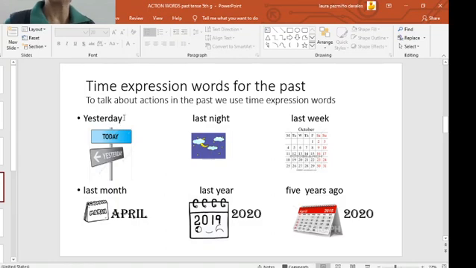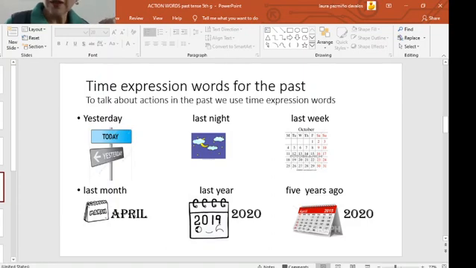So, time expression words for the past son yesterday, last night, last week, todo es en pasado. ¿Qué es week? What is week? Semana, ¿cierto? La semana pasada, anteanoche o la noche, anoche.